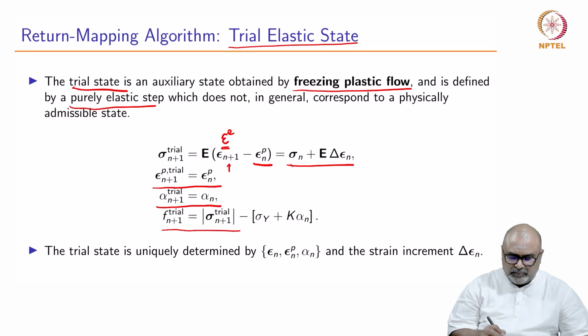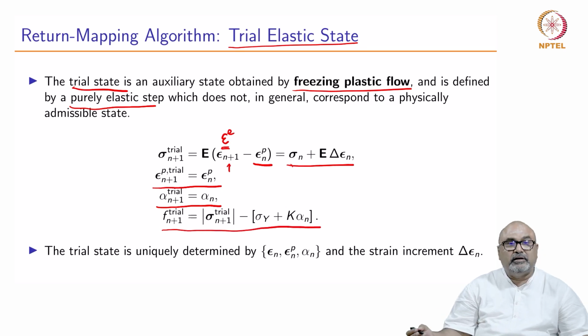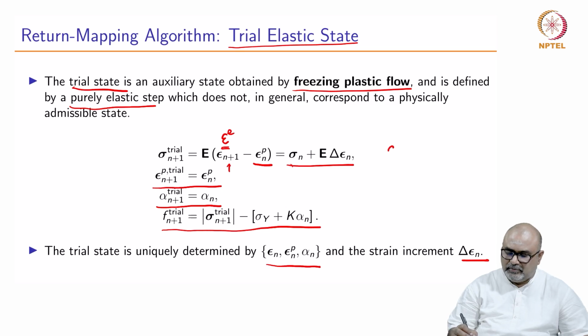So, F n plus 1 trial is nothing but sigma n plus 1 trial minus sigma y plus K times alpha n. The trial state is uniquely determined by using epsilon n p and alpha n and the strain increment delta epsilon n. So, we have epsilon n plus 1 trial equal to epsilon n plus delta epsilon n.